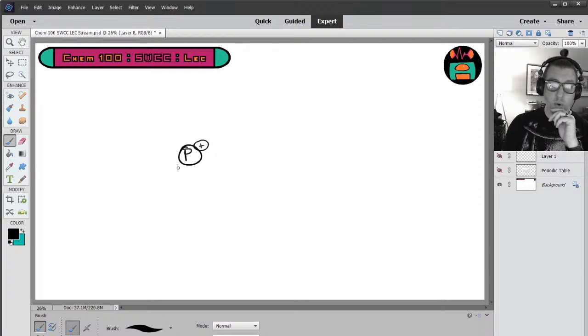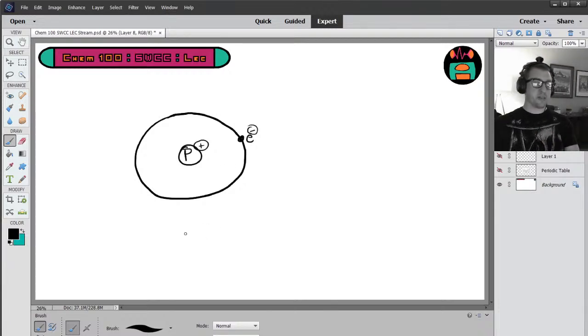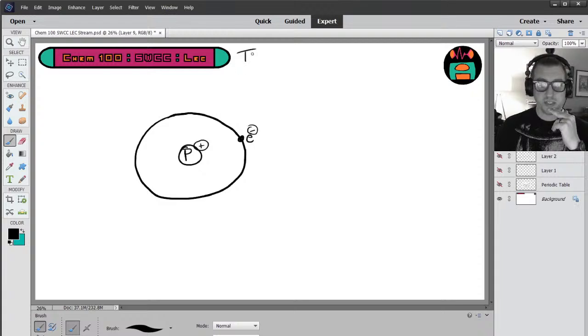It's called the Bohr model of the atom. So you've got the proton in the center, in the nucleus, and then you have an electron orbiting the nucleus. And this is probably the first visual that comes to mind. Not a bad one to have in your head. So this is called the Bohr model.